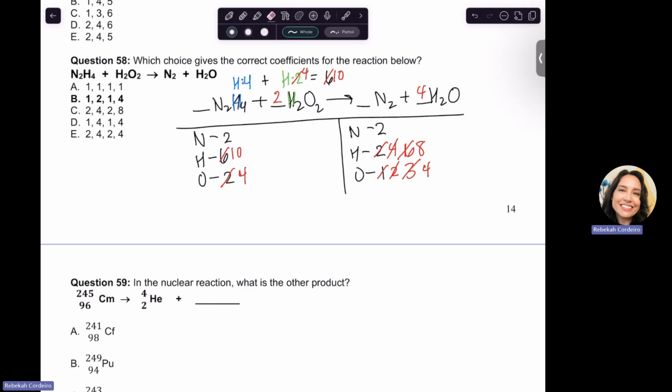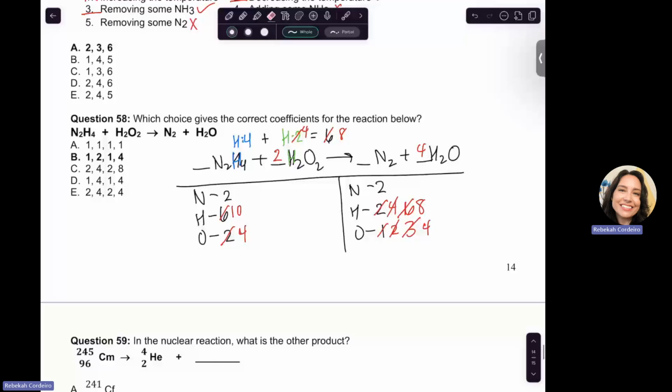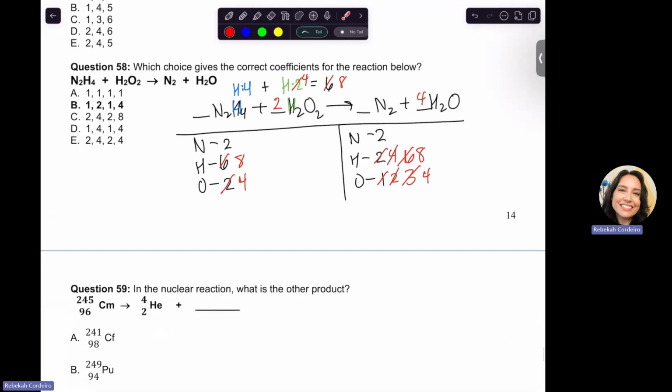Oh, I counted that wrong. I added 6. That's 8. I was about to say, keep track of it separately. If you have elements in two different places, it can be more helpful to catch mistakes like I made there. And if you are not sure what to do, just say, well, I need more of this on this side, so just add a bigger number. You don't have to know exactly what numbers you're going to need at the end. Just put a number, see how it goes.